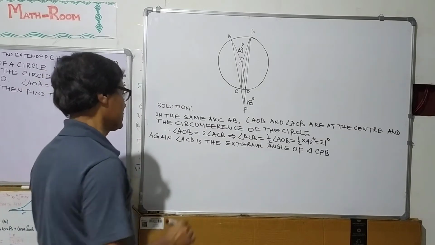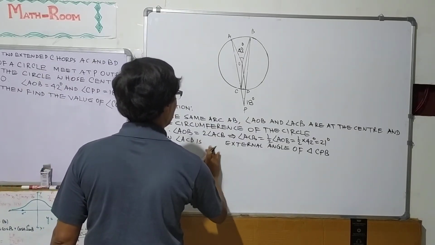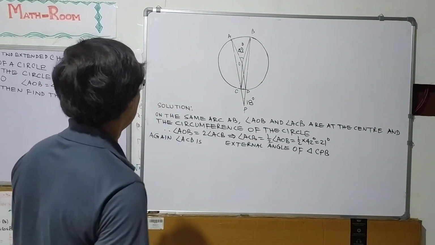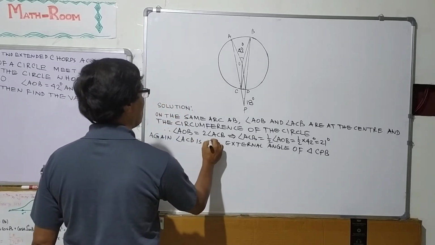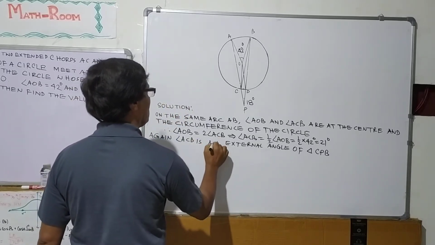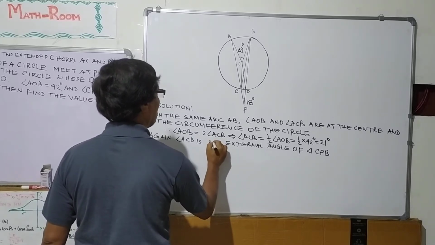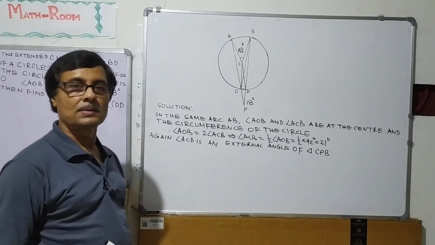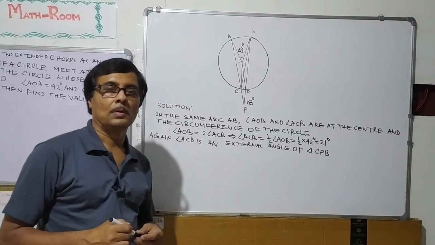There are three external angles of CPB, and ACB is one of them. ACB is an external angle of triangle CPB.